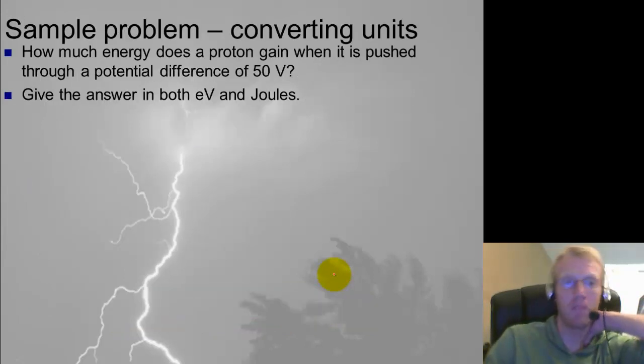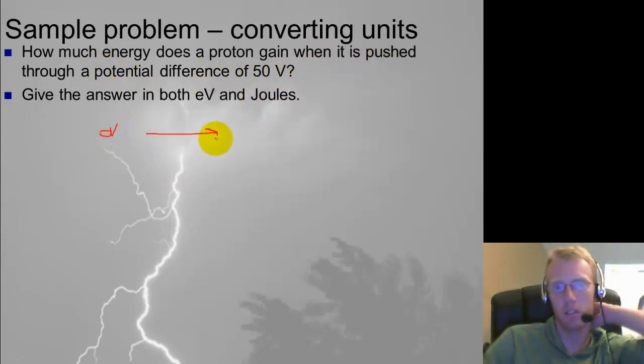Okay, sample problem converting units. How much energy does a proton gain when it is pushed through a potential difference of 50 volts? So say it starts at 0 volts and it ends up at 50 volts. Then the delta potential energy equals Q delta V, which, if it's a single proton, its charge is 1e and it's 50 volts.